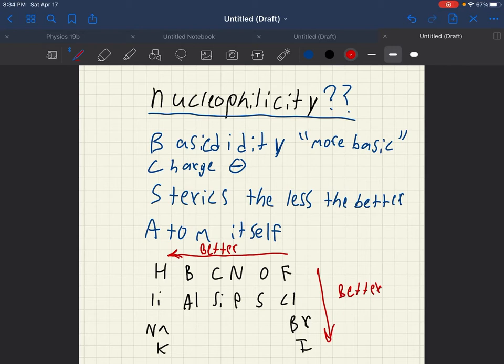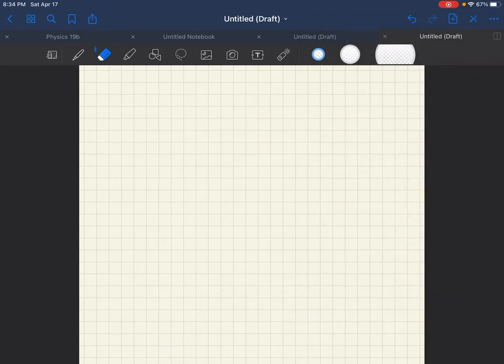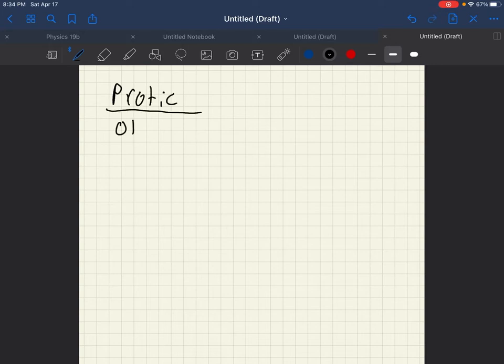We have two types of solvents: protic and aprotic. Protic solvents are going to be things like OH based, like ethanol, methanol, stuff like that.